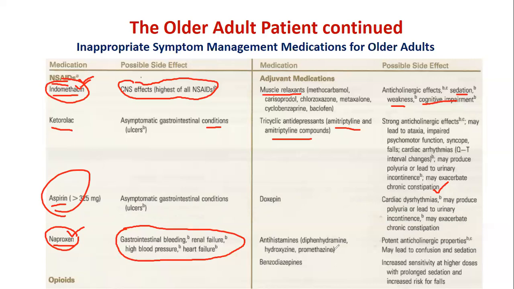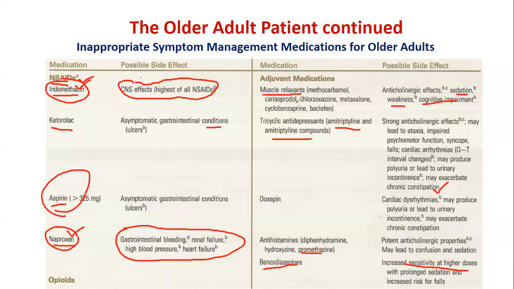Antihistamines like diphenhydramine, hydroxyzine, or promethazine have anticholinergic properties that may lead to confusion and sedation, and increased sensitivity to higher doses. And here, benzodiazepines also increase sensitivity with higher doses.